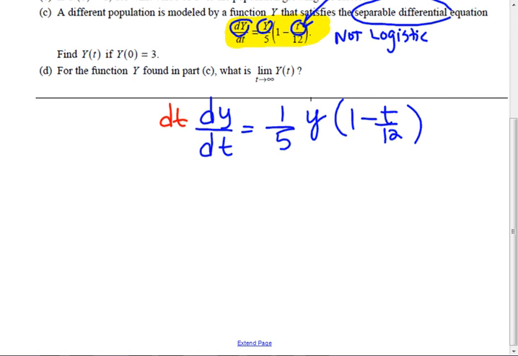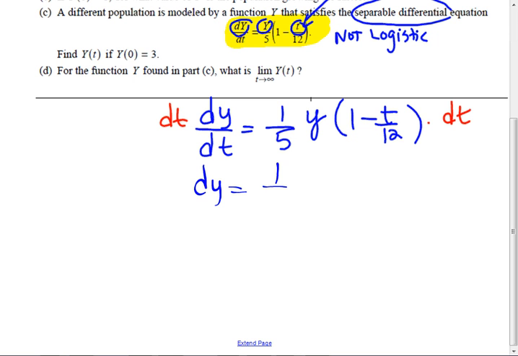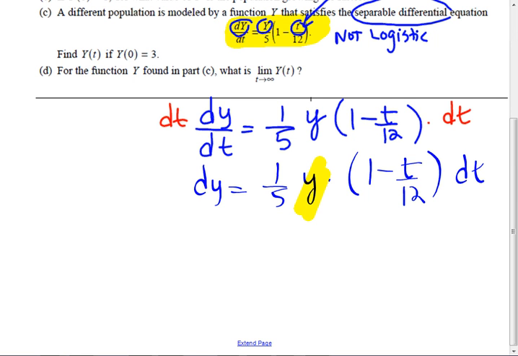Leave the 1/5 on the right, or you will not like it. That's just been my experience. So dy is equal to 1/5 y times 1 minus t over 12 dt. What is it I don't want here? I don't want the y. So we'll divide by y.